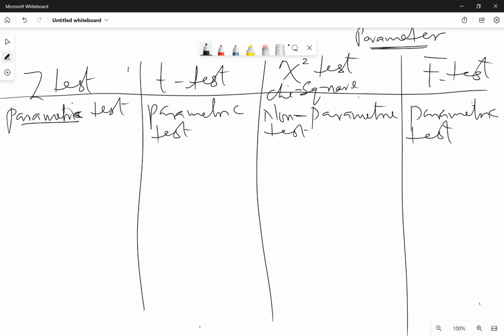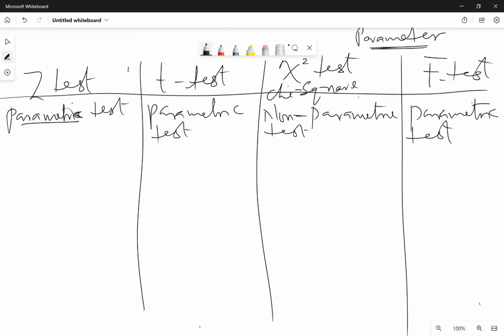So I'm saying that it means that Z test will focus on a parameter, maybe mean. T test also focus on the parameter, F test focus on the parameter, but chi-square does not focus on parameter. Right? That's number 1.